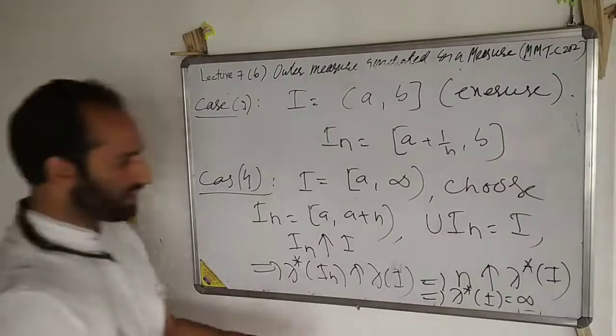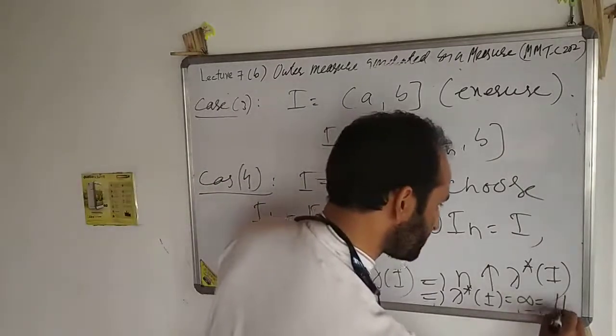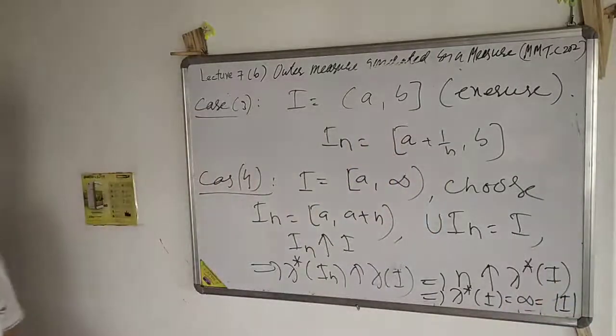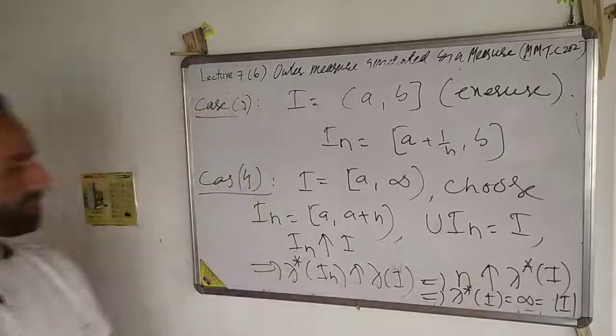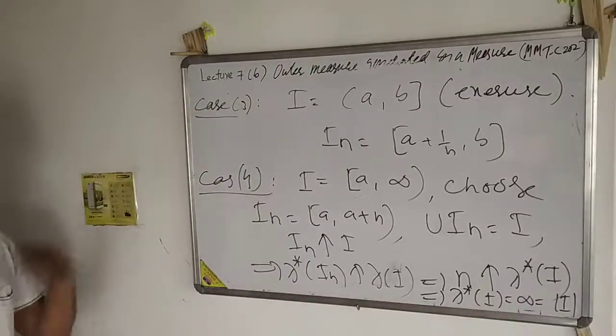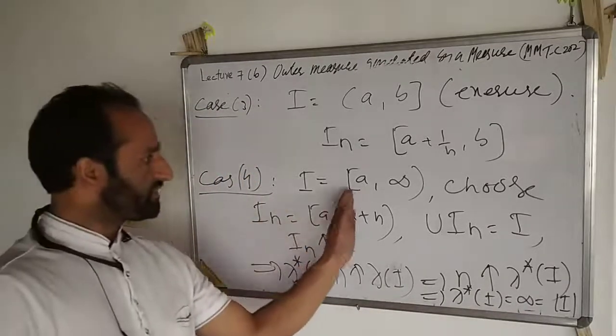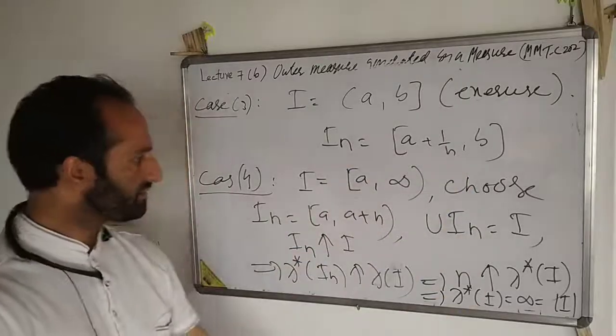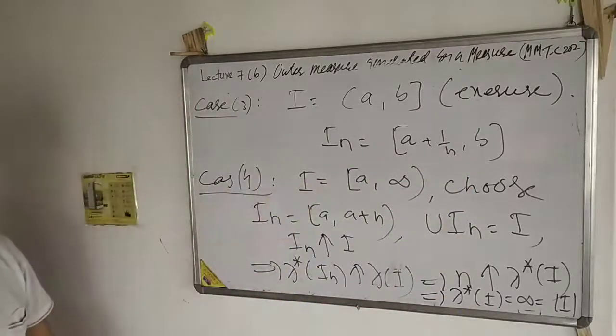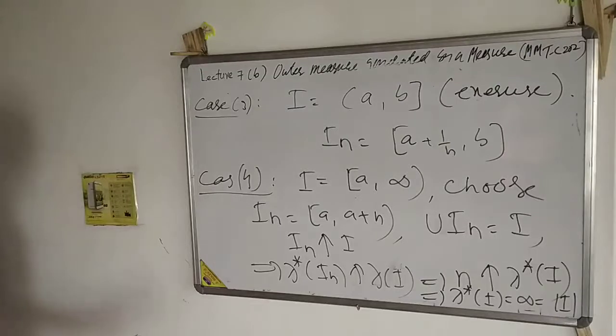And it is the same as the length of I, it's already discussed. The length of an unbounded interval is equal to infinity. Another way, you take minus infinity to B; this case can be done similarly. So that proves this result.